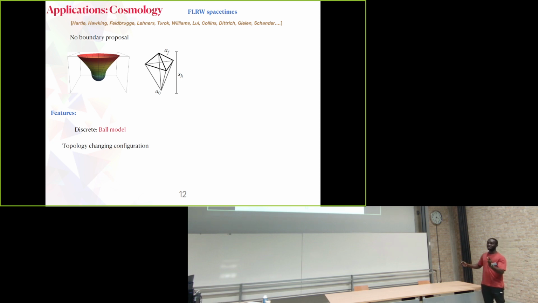The only thing you need to know is that in these cosmological spacetimes, the geometry of the no boundary proposal looks something like this. You have some Euclidean ball here, and then a Lorentzian de Sitter spacetime. You can discretize this using these kind of triangulations. I will call it the ball model because it looks like a ball. That's all you need to know.